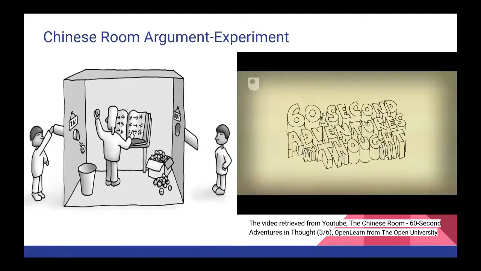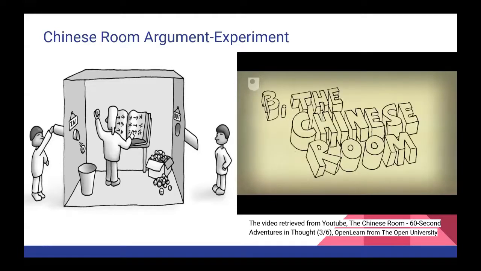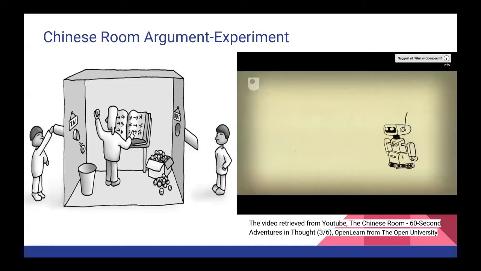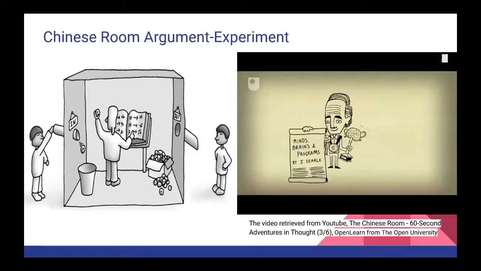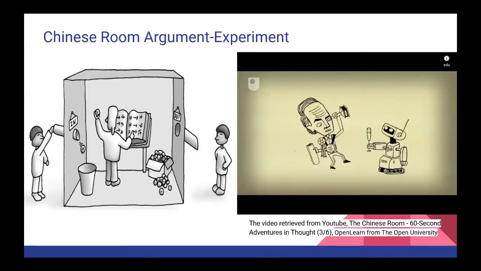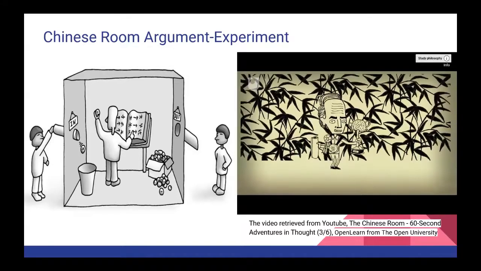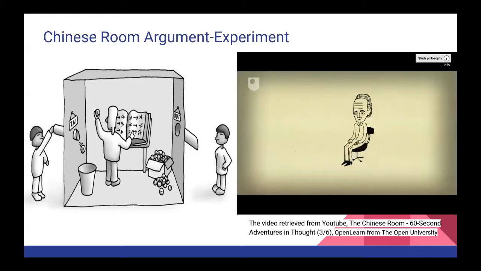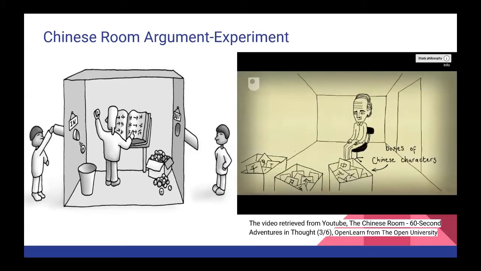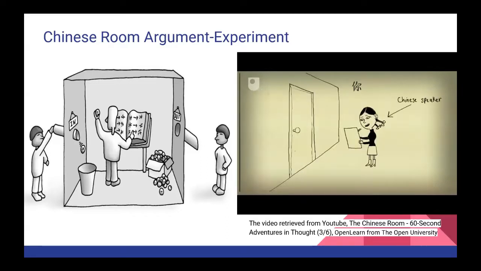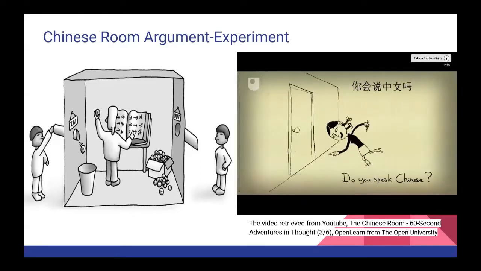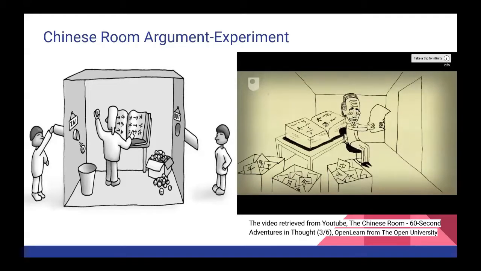60-second adventures in thought. Number 3, the Chinese room. Can a machine ever be truly called intelligent? American philosopher and Rhodes scholar John Searle certainly can. In 1980, he proposed the Chinese room thought experiment in order to challenge the concept of strong artificial intelligence, and not because of some 80s design fad. He imagines himself in a room with boxes of Chinese characters he can't understand and a book of instructions which he can. If a Chinese speaker outside the room passes him messages under the door, Searle can follow instructions from the book to select an appropriate response.